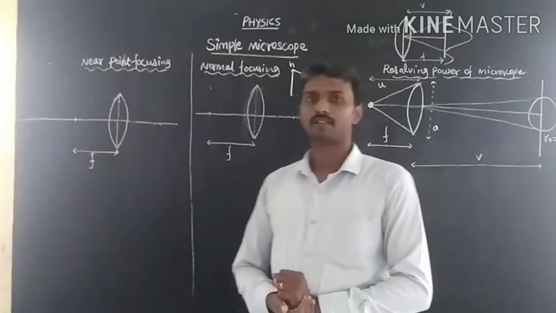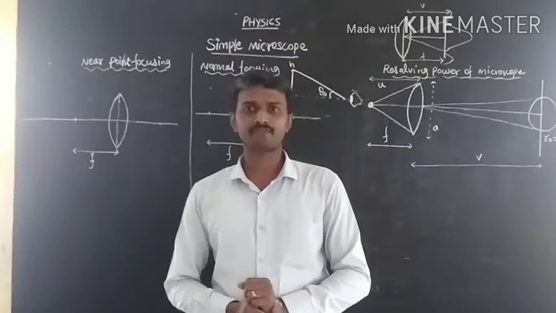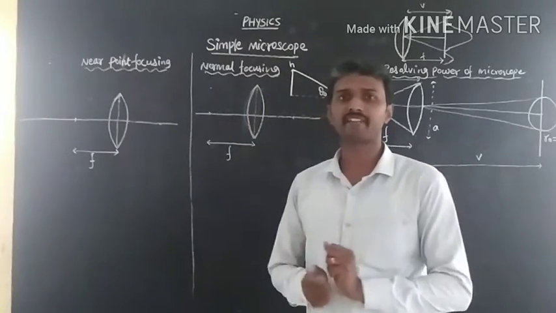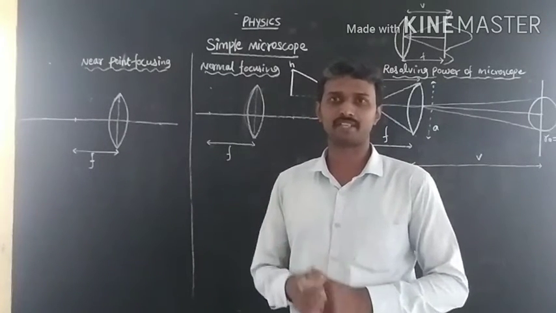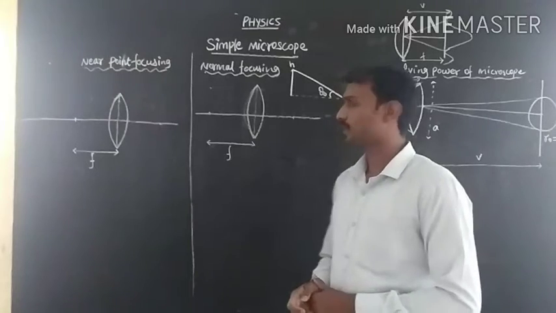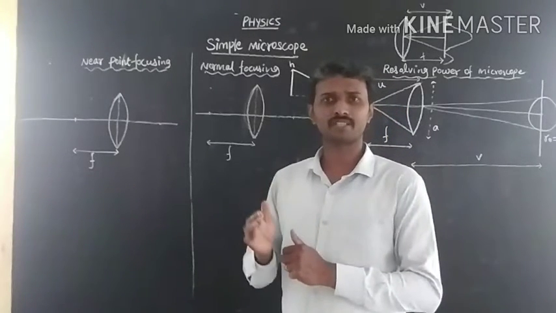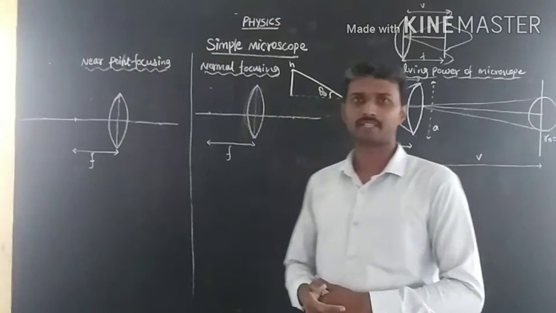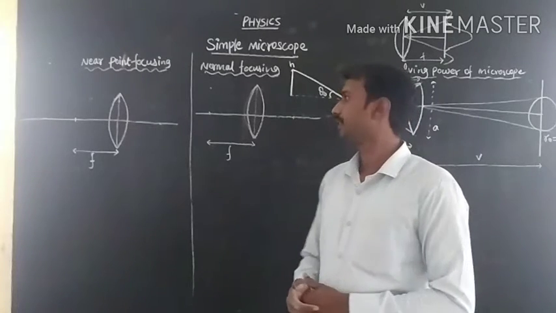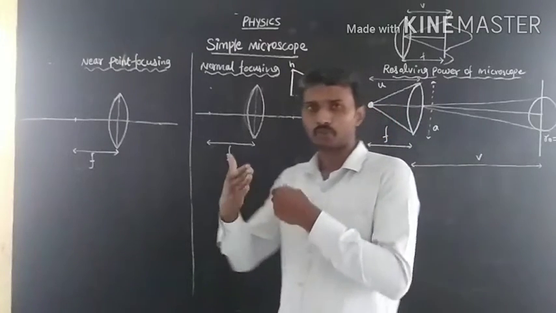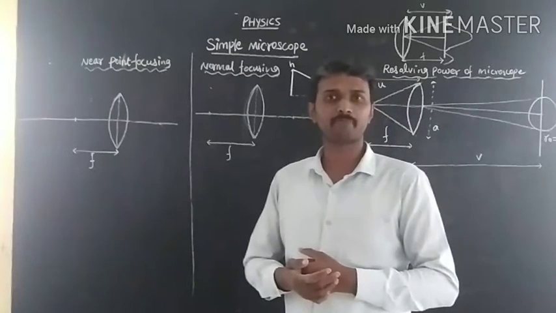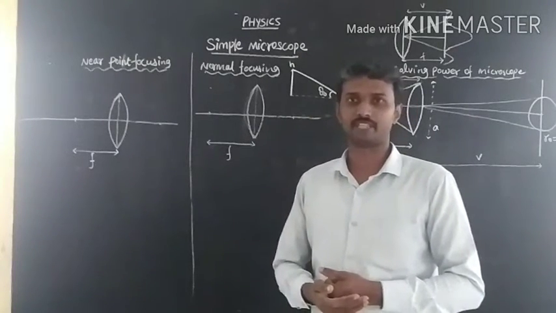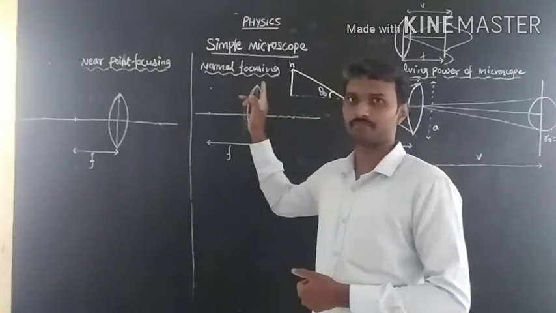You know very well, microscope is used to magnify the image, magnify the smallest objects which are located nearer to the microscope. That is, we can magnify and see a small object placed close to the microscope with the help of the microscope.